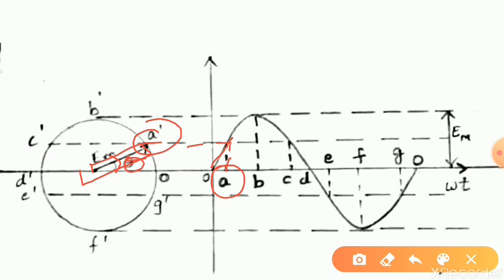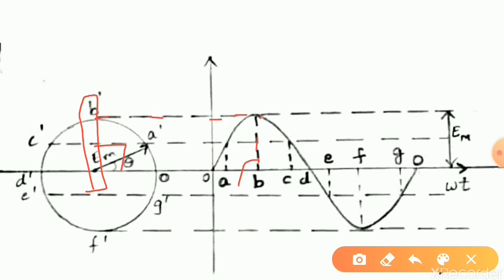When this coil moves to point B dash, we get an angle of 90 degrees, that is at B we get the peak point on the graph, which is the maximum voltage.